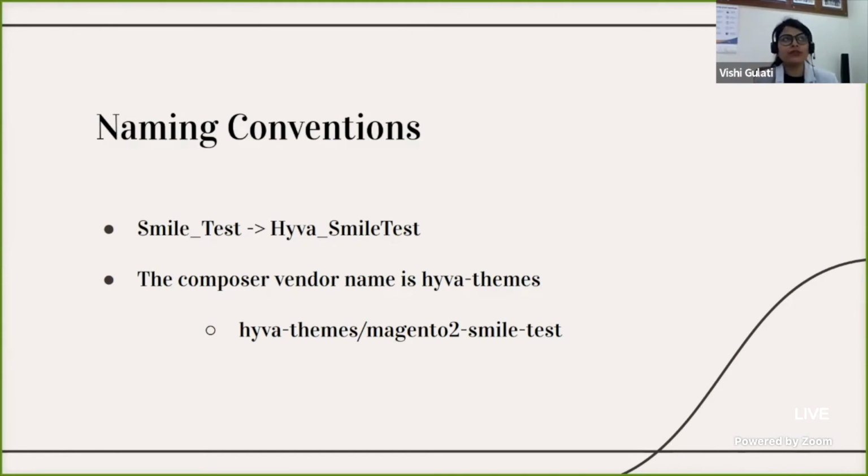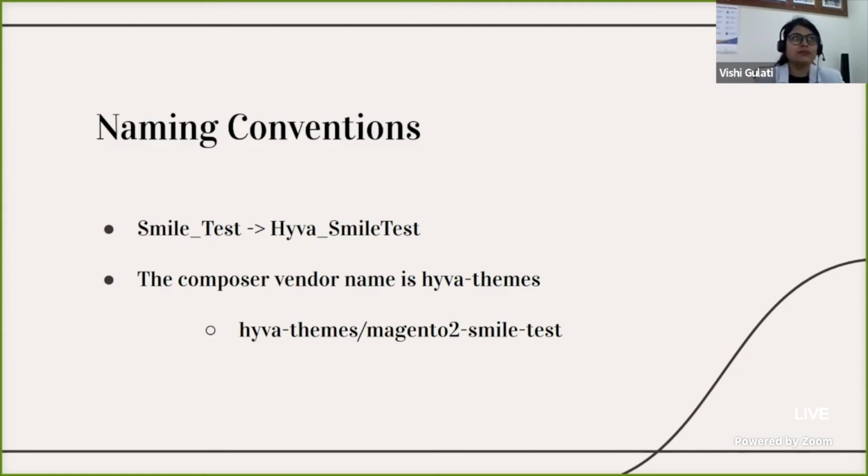So if you have a module where the vendor name is Smile and the module name is Test, then you can create the extension as Hoover underscore Smile Test. And in vendor you need to add Hoover themes as the vendor name. That's it.